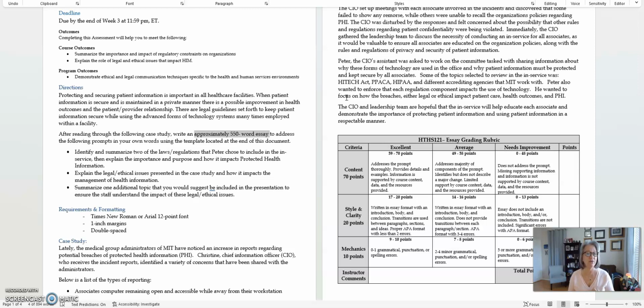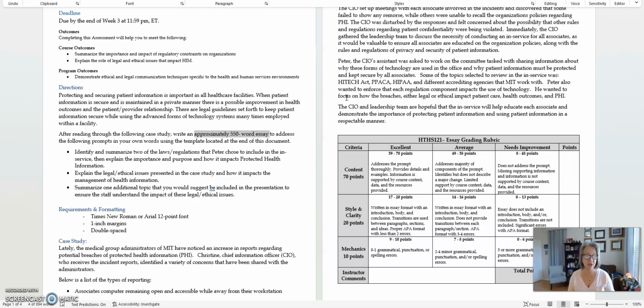Identify and summarize 2 of the laws/regulations that Peter, who is in the case study, chose to include in the in-service, then explain the importance and purpose and how it impacts PHI. Explain the legal and ethical issues presented in the case study and how it impacts the management of health information.